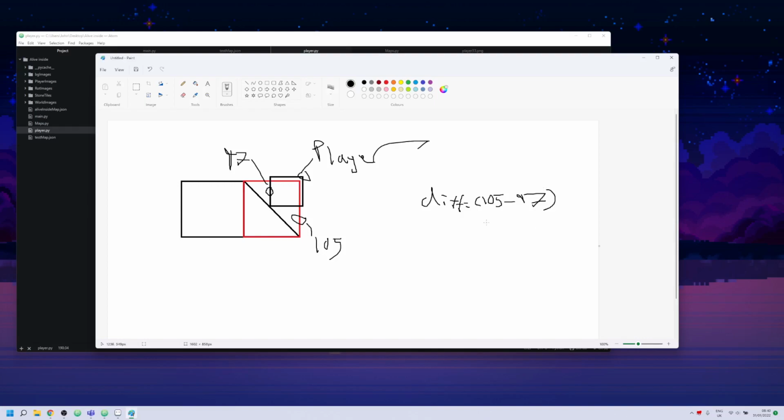So how far in you are into the ramp's rect on the x-axis, you're equally that far in on the y-axis as well. So the further in you go on the x, the higher up you go on the y. The further away you go, the lower you are on the y. So that's generally how it works.